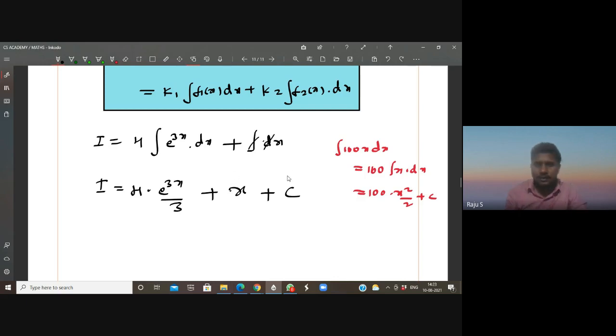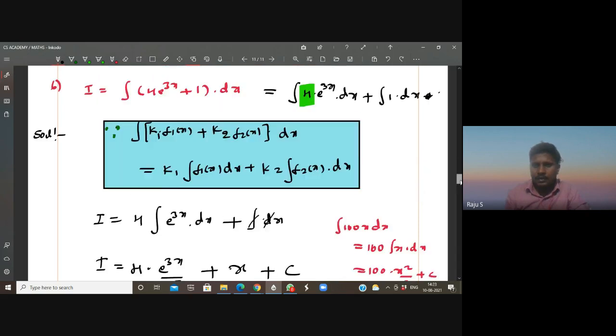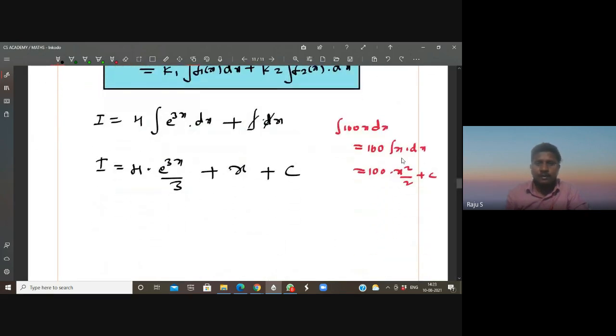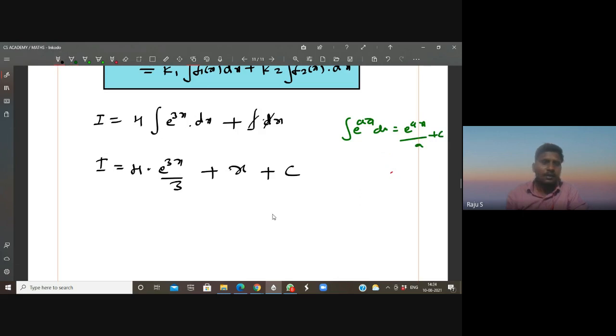This is the c, with the help of the formulas. What is the formula I have applied here? e power 3x is in the form of e power ax. Am I right, students? Integral e power ax dx is e power ax by a plus c. Like that.